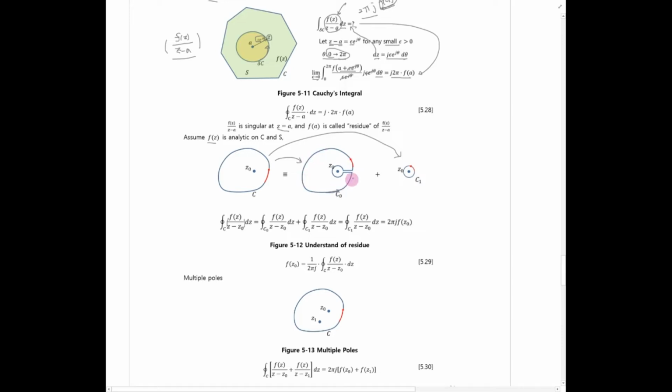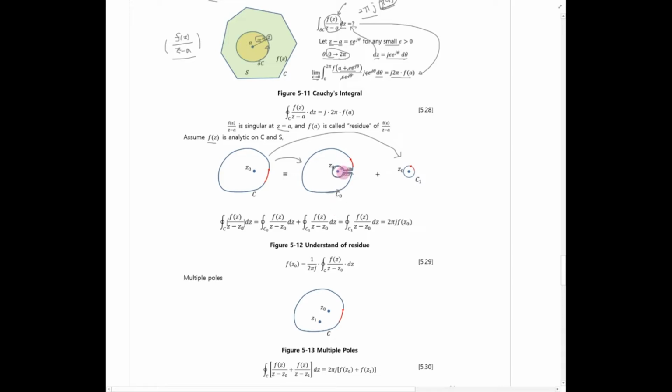But when we meet this singular point, we can dip into these directions, rotate in the clockwise direction, and come back out. Then the entering and outcoming paths cancel each other, so they disappear.